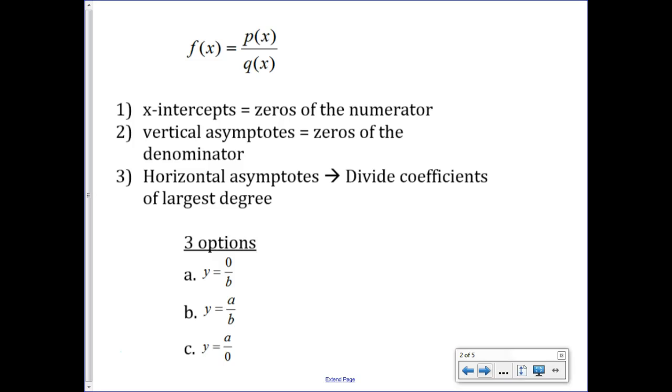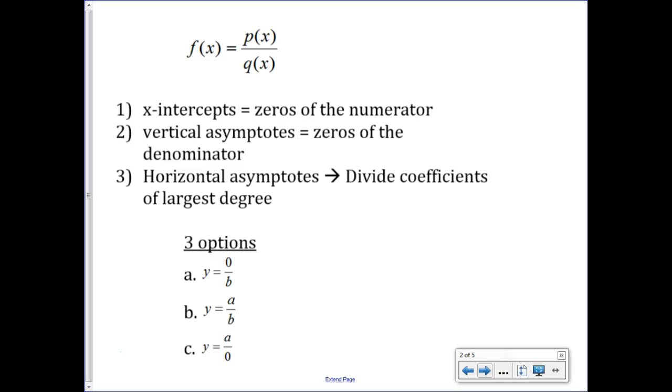So the x-intercepts of the graph will be zeros of the numerator. Vertical asymptotes are zeros of the denominator. To find the horizontal asymptotes, we'll divide the coefficients of the largest degree. So three options there.